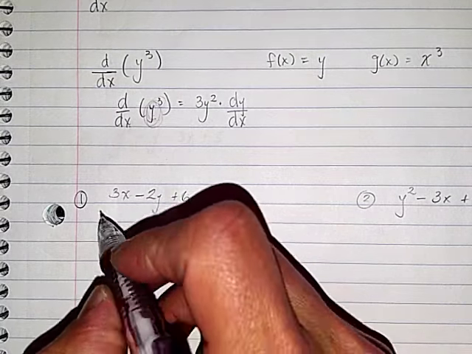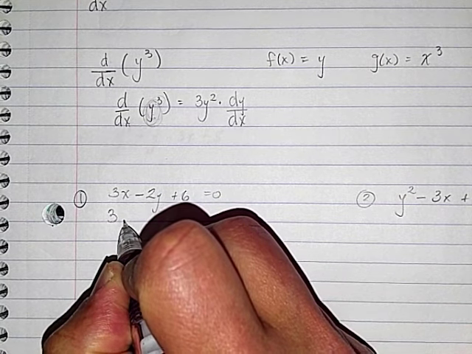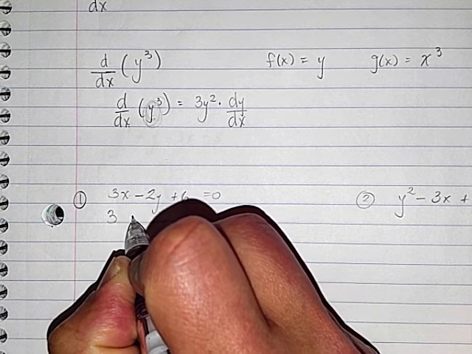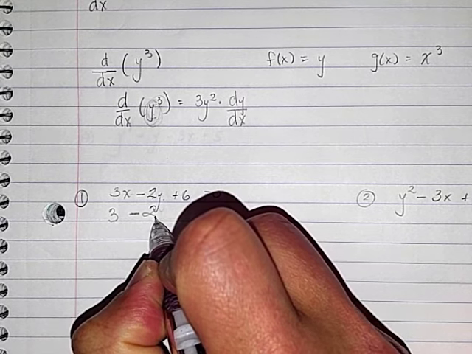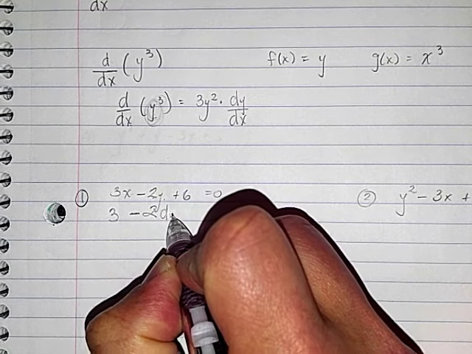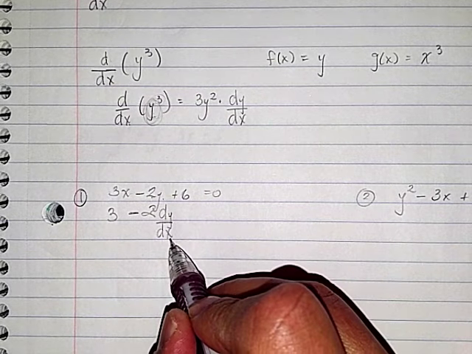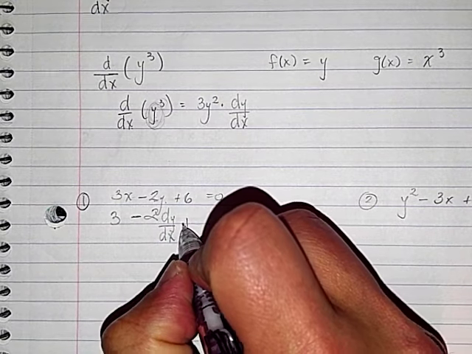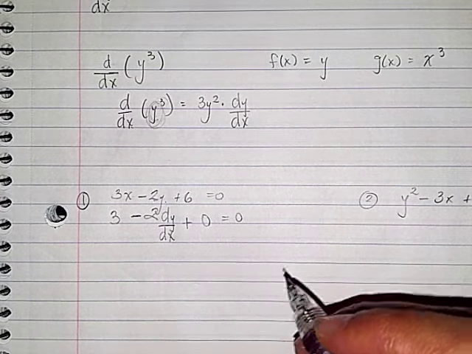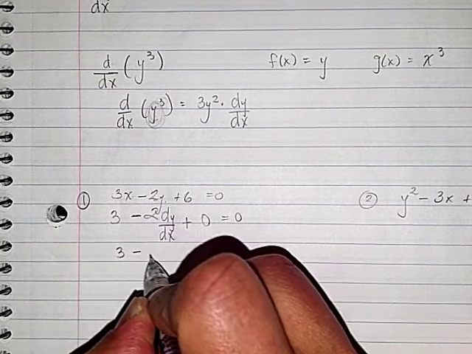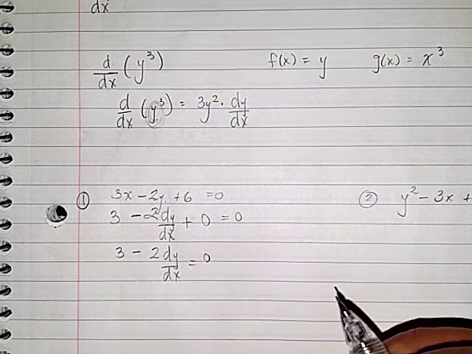So the derivative of 3x is 3, minus 2, the derivative of 2y is 2, but because we have the y, we put dy dx, the derivative of y with respect to x, plus the derivative of 6 is 0, equals 0. So our answer is 3 minus 2 dy dx is equal to 0.